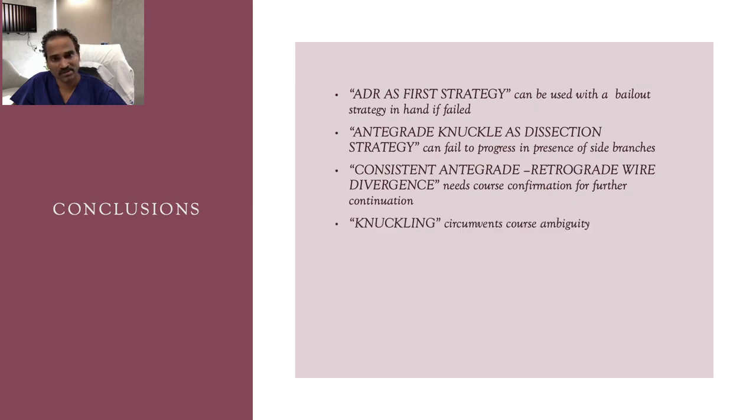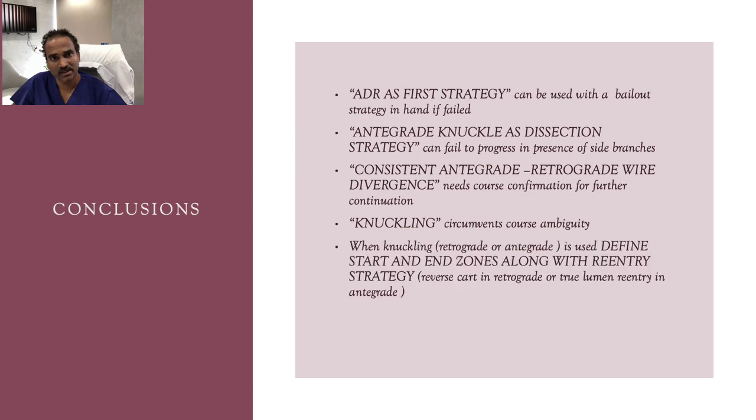Knuckling circumvents course ambiguity, but when knuckling is used, define start and end zones of knuckling along with the re-entry strategy. It's reverse CART in retrograde or true lumen re-entry in antegrade. Define your reverse CART strategy before retrograde knuckling.